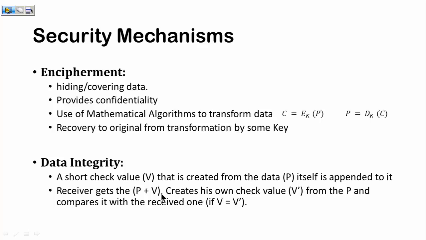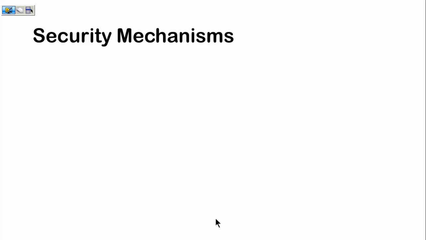When it is received, the receiver applies the same checksum algorithm and calculates the value. Suppose it is V dash, and then it compares the V that it has received and the V dash that it has computed. If they are equal, that means the message that was being transmitted has not been modified a bit. And this is how data integrity could be maintained. So this is one of the mechanisms for data integrity.